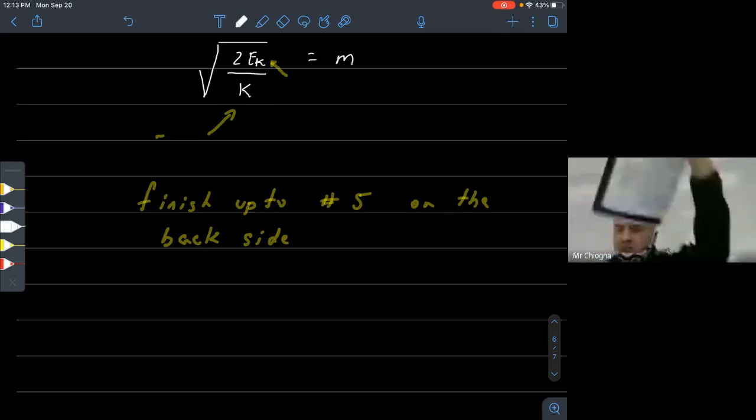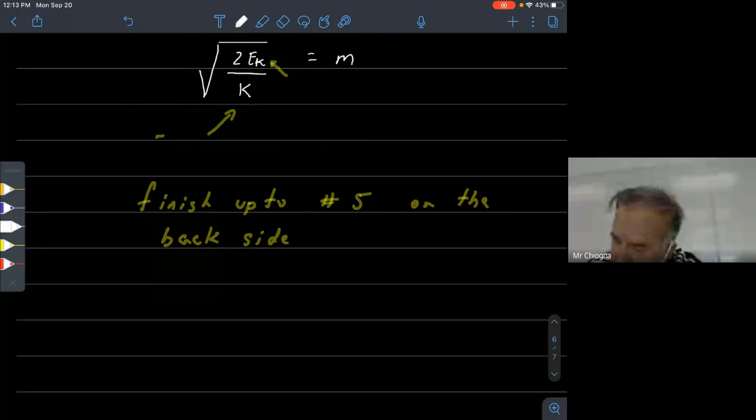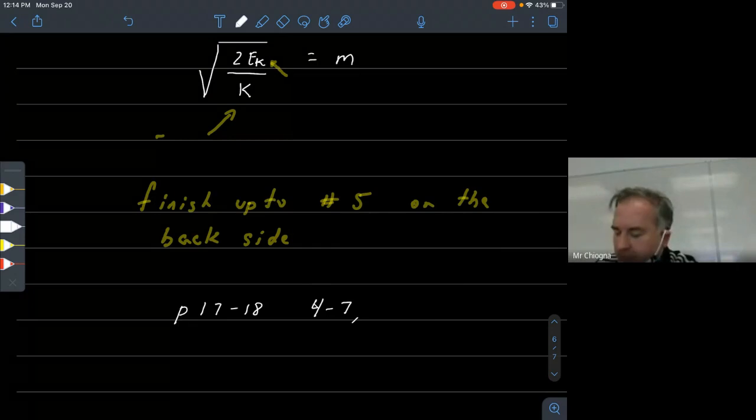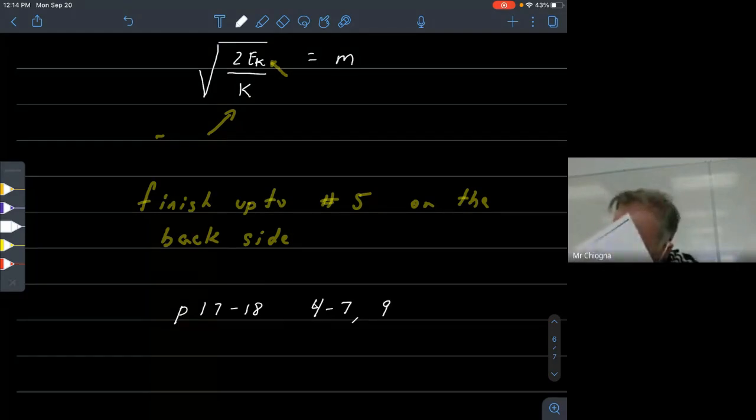Should have been pretty easy. You should have already done page 17. If you haven't done it, this is your chance to catch up. Page 17 to 18. You already did 4 to 7, and I'm going to add number 9 onto it.